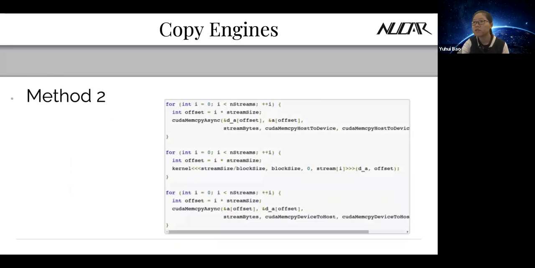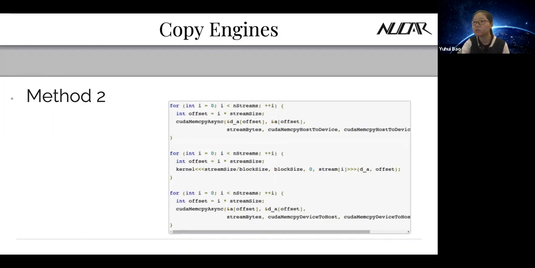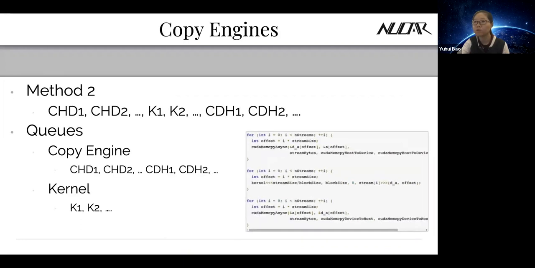The second method, you can see there are three for loops. The first one does all the host to device copies for all the streams, then does all the kernel launches for all the streams, etc. So do all the host to device, do all the kernel launches, do all the device to host.